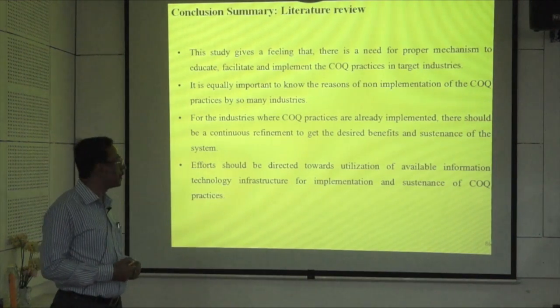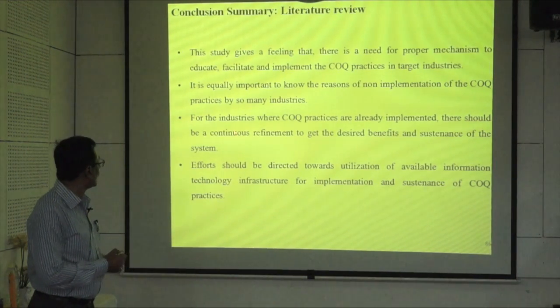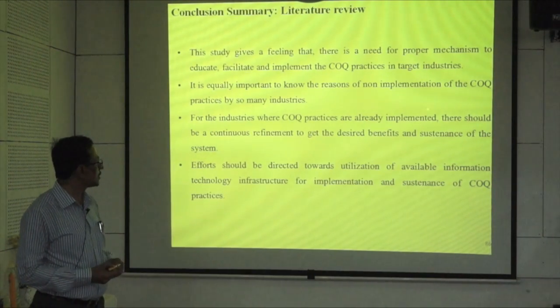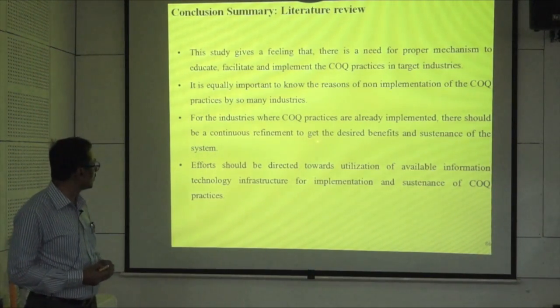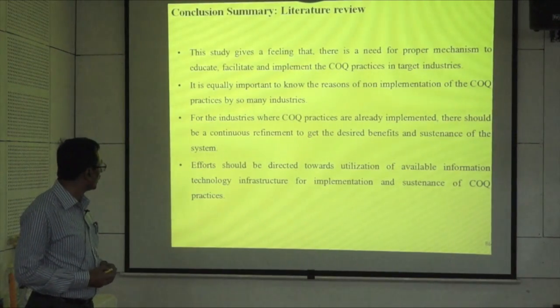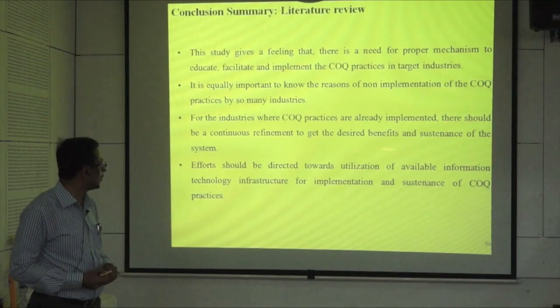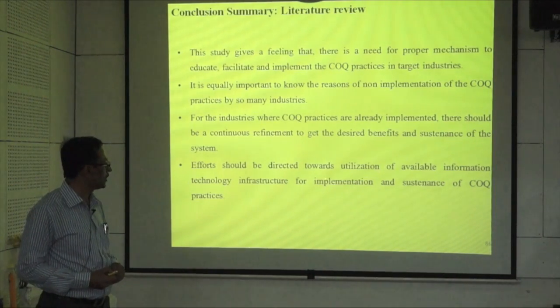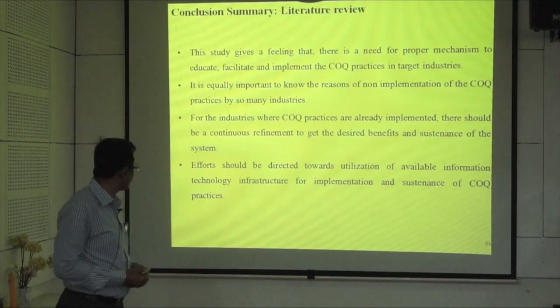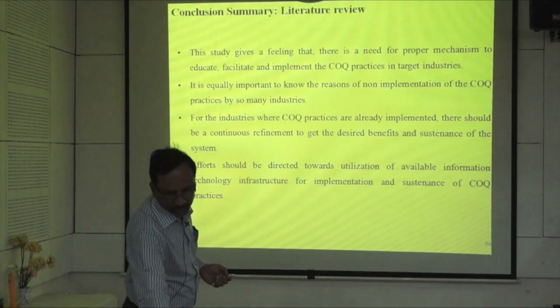They are not willing to implement it. For the industries where cost of quality practices are already implemented, there should be continuous refinement to get the desired benefit and sustenance. And effort should be directed towards utilization of available information technology infrastructure for implementation and sustenance of cost of quality practice.